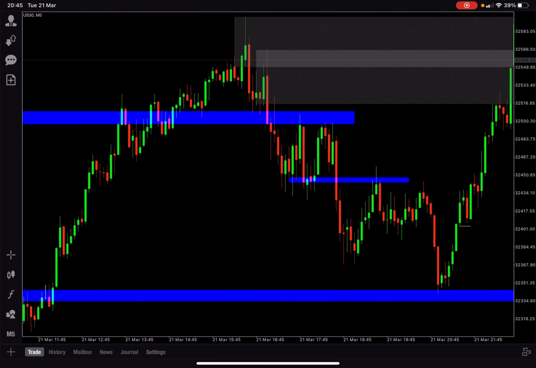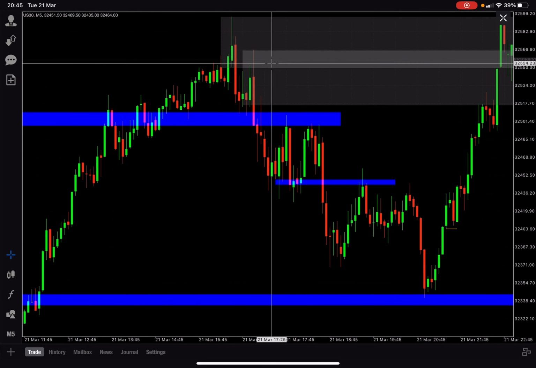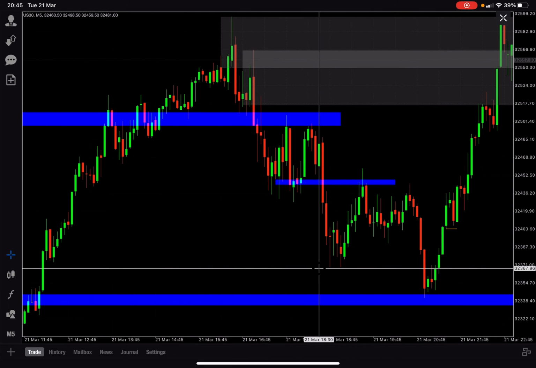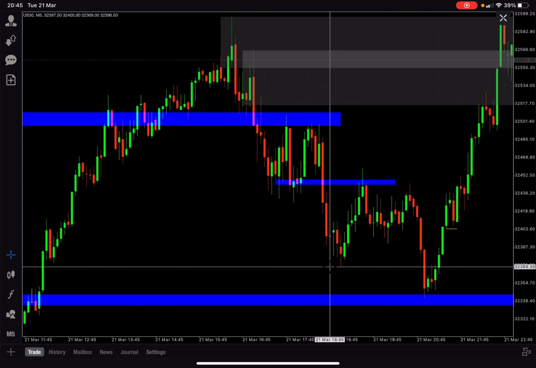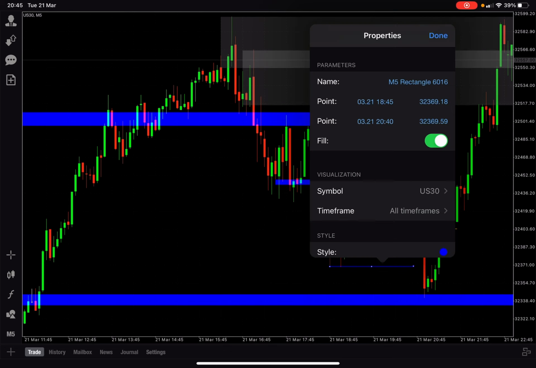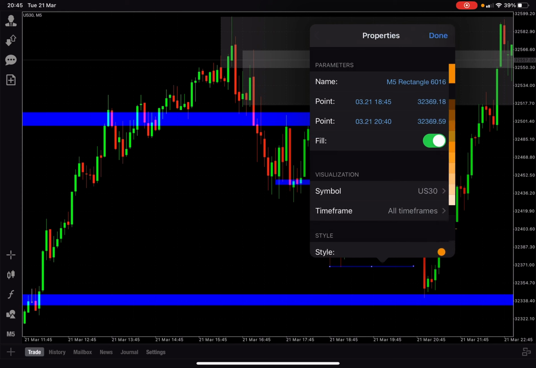This is what I had today. FU here, push down, retest, push down, retest. Created a double bottom there. So that would be your orange area. Like that.